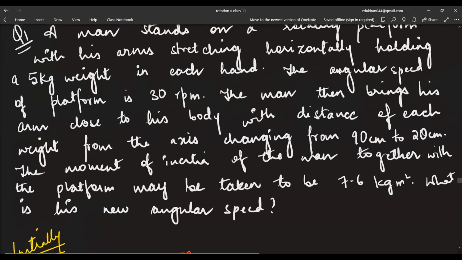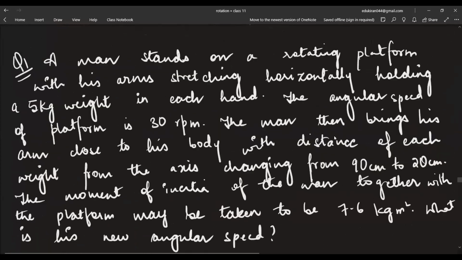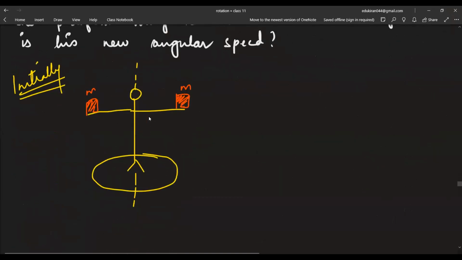What's given in the question else? It says the angular speed of the platform is 30 rotations per minute. This is the platform and this is the axis. Then it says the man brings his arms close to his body, with the distance of each weight from the axis changing from 90 centimeters to 20 centimeters. Initially it was 90 centimeters.